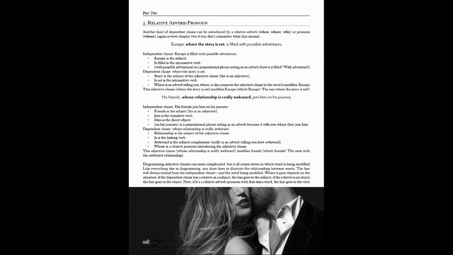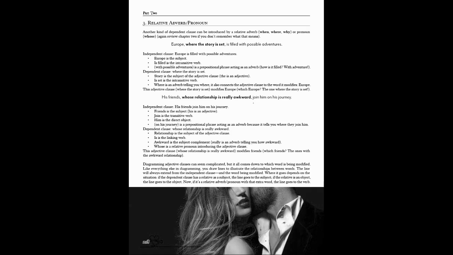The last kind of adjective clause you'll get, and it's still an adjective clause because it's still describing something, right? But instead of being a relative, you know, the who, whom, that, which, right? It will be a relative adverb. So it'll be one of these, a when, a where, a why, or maybe a whose.